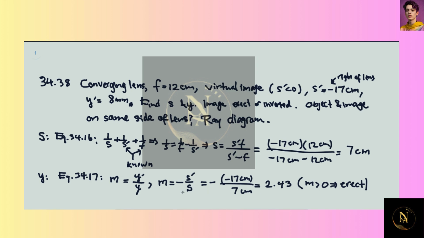Okay, so we know m. Now we can use this portion of the equation if I rearrange a little bit. If I multiply both sides by y and then divide by m, then I have y is equal to y prime over m. Y prime I know, y prime is 8 millimeters.